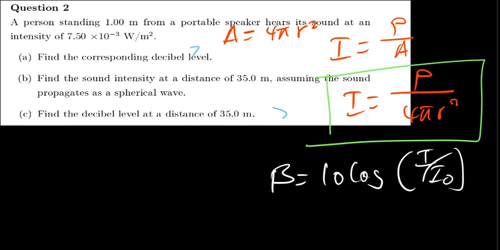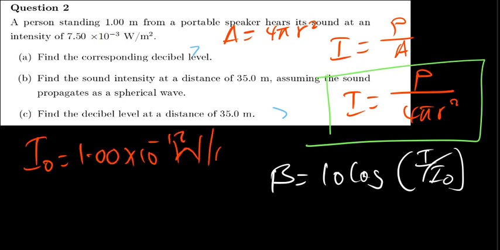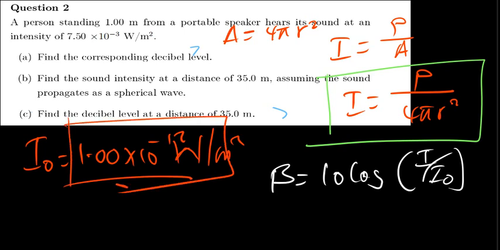I0 is always 1.00 times 10 to the power negative 12 watts per square meter. You can only hear a sound which has an intensity of at least that. So that's the basic idea behind spherical waves.